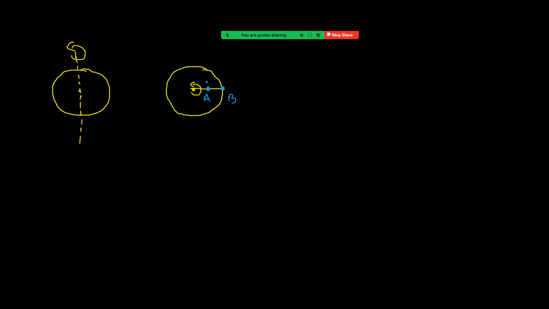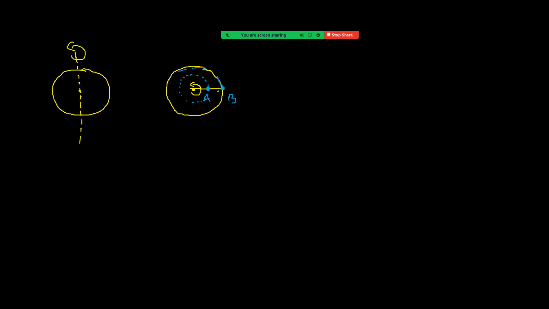So A follows a circular path like this, and B follows a circular path like this. For all these circles, the center will be on the axis of rotation. And we can observe one more point: when A completes one revolution, B also completes one revolution.